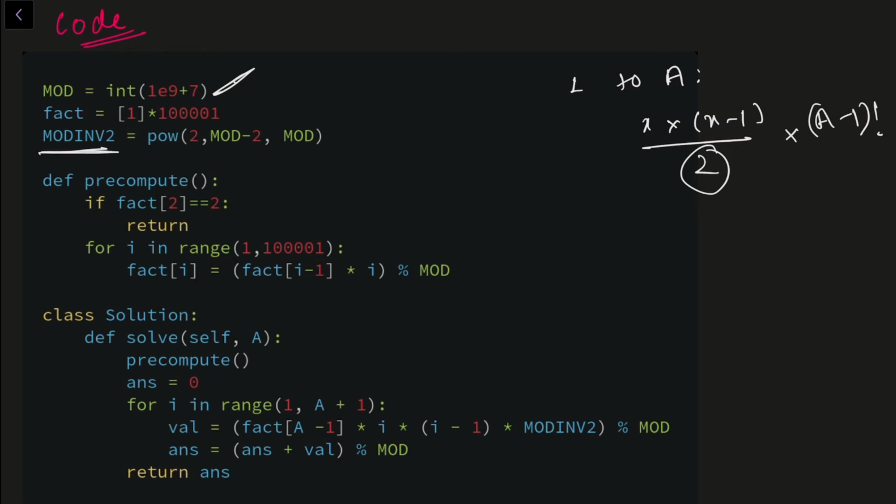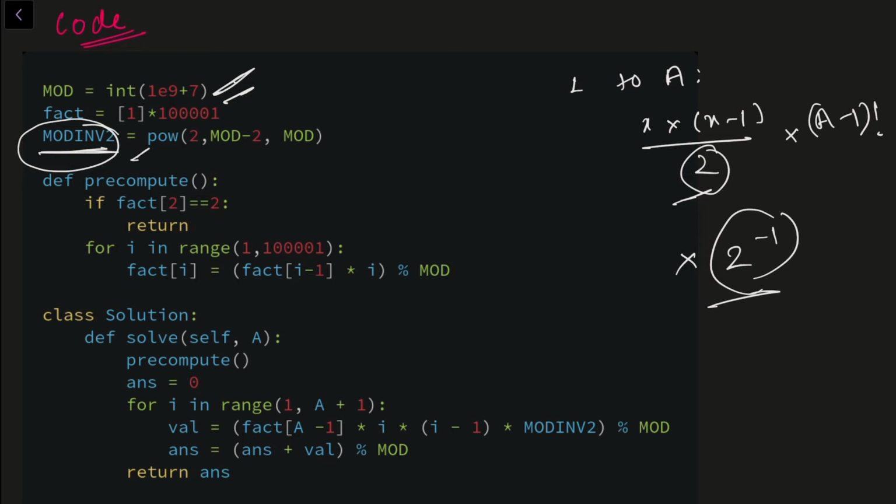It is basically the mod inverse of the current number. So instead of dividing by 2, I am basically multiplying by the inverse of 2, or 2 raised to power minus 1. Now 2 raised to power minus 1 modulo 10 raised to power 9 plus 7 is stored in this number, right? So now whenever I need to divide, I'll just multiply by this mod in 2.